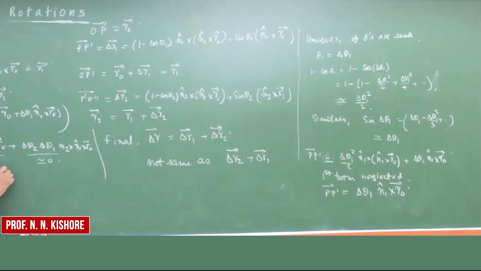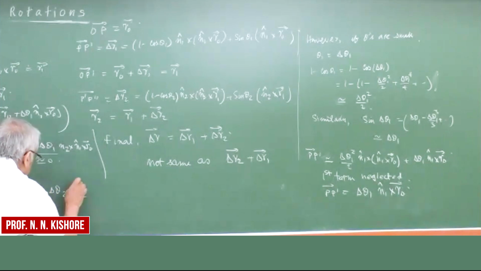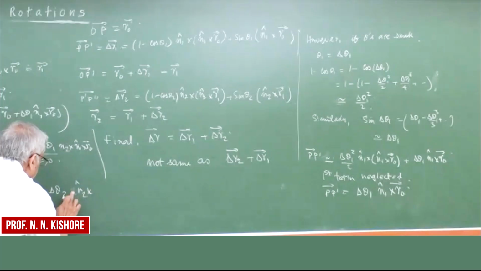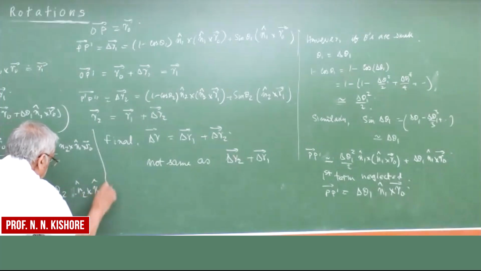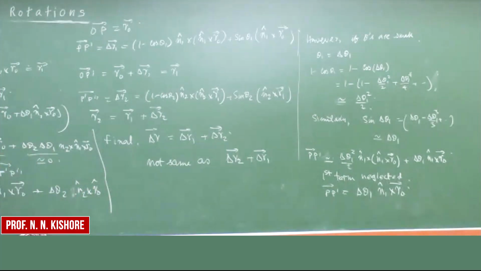PP' will simply become Δθ1 n1 R0, and Δθ2 n2 R0. This is the interesting part here.